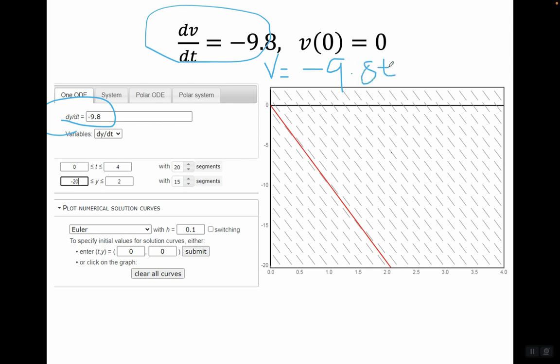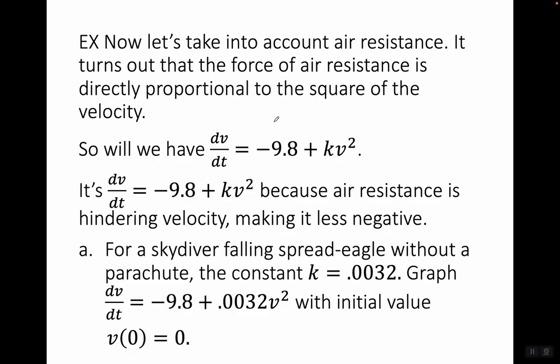And indeed, that's what this curve looks like. It just looks like the line y equals negative 9.8t, and it goes through the point (0, 0). So we didn't need a slope field generator for that. Again, what this shows us is the velocity of a falling object if it's been falling for this many seconds. So these are the seconds, and these are the meters per second.